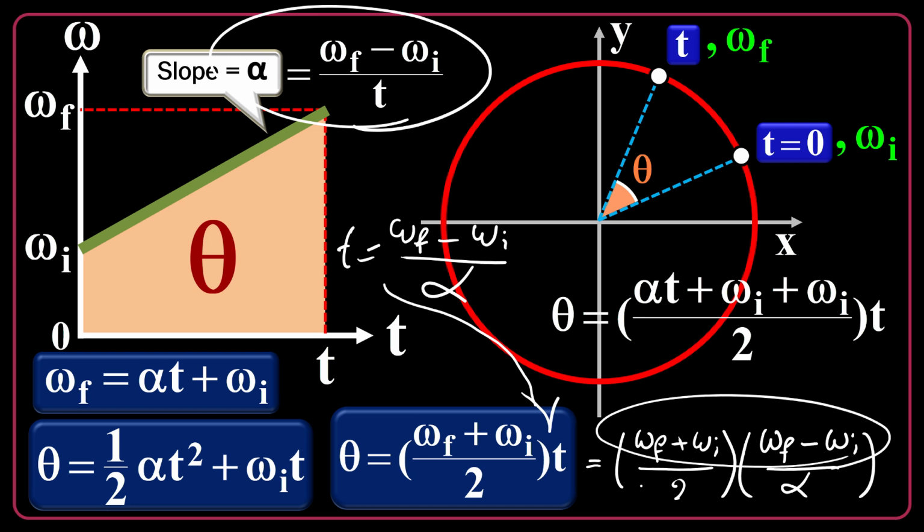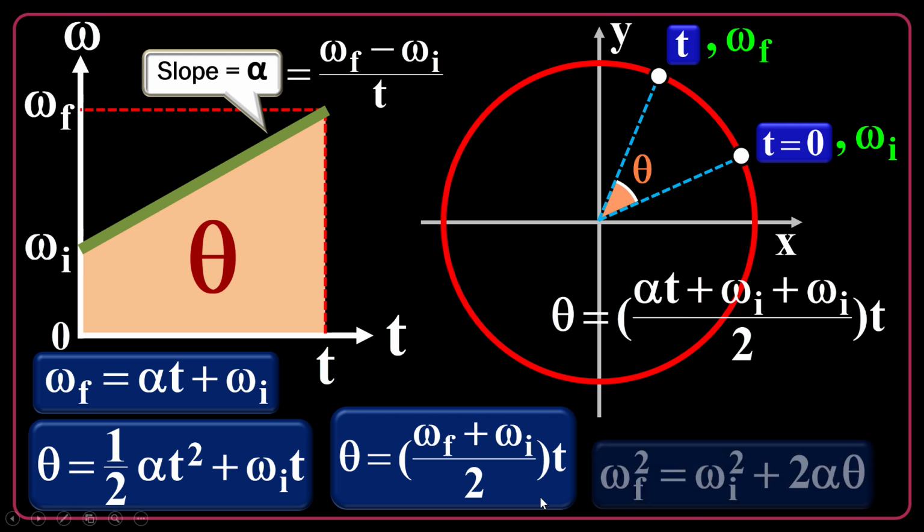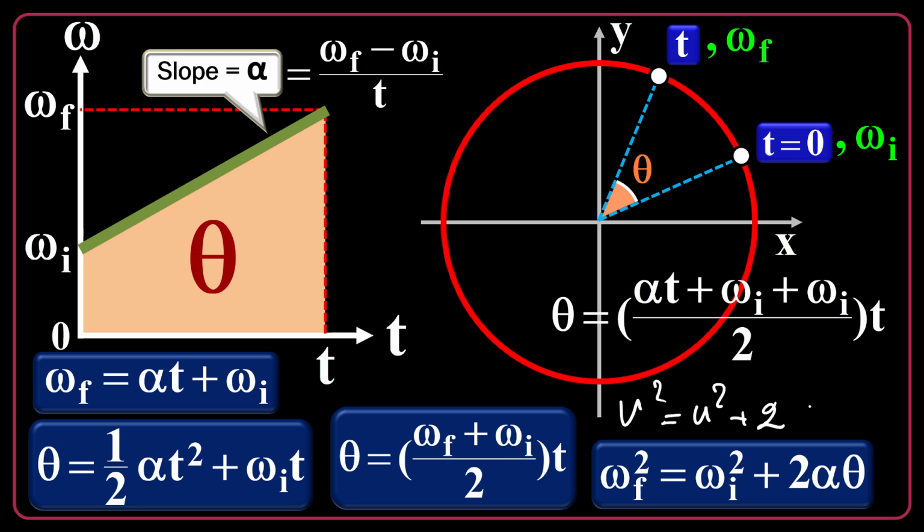On top, you see the conjugate identity. And so it's supposed to be omega final squared minus omega initial squared, divided by 2 alpha. That's all. So we can write it in this form: omega final squared is equal to omega initial squared plus 2 alpha theta. It's very similar to the equation we had for time independence in linear motion: v squared is equal to u squared plus 2ax, or delta x.